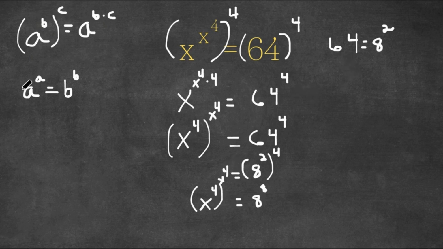Now we can say that if a to the power of a equals b to the power of b, then a equals b, right? So if x to the power of 4 to the x to the power of 4 equals 8 to the power of 8, then we know that x to the power of 4 equals 8. Now we want to cancel this fourth power here, so we're going to take the fourth root on both sides.